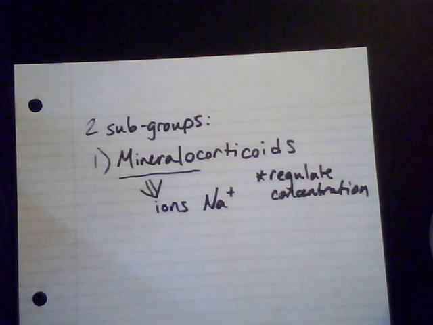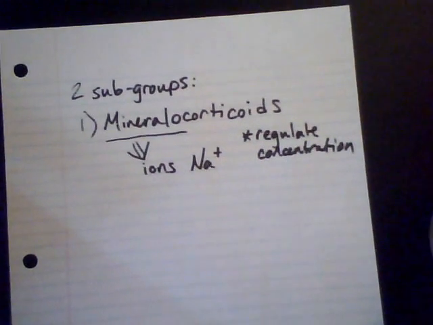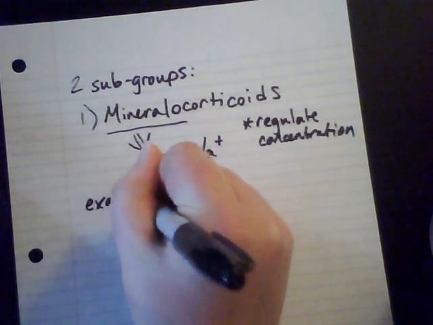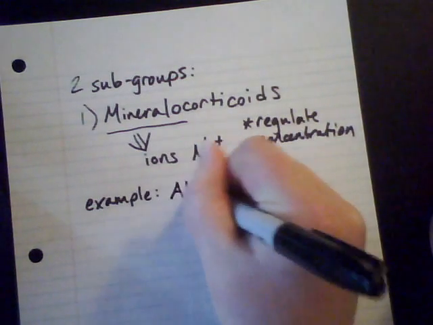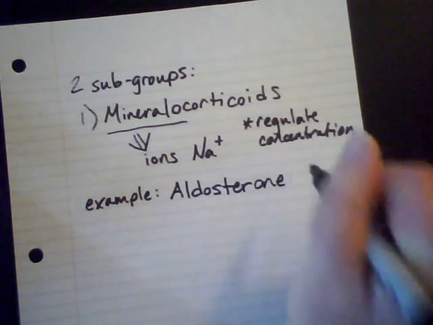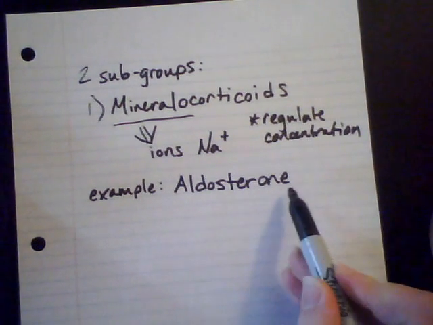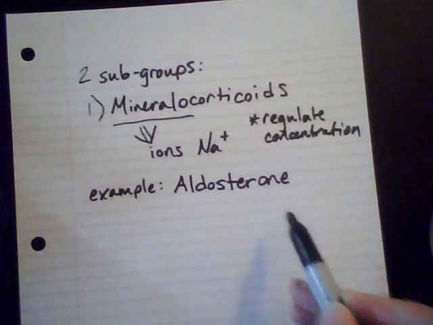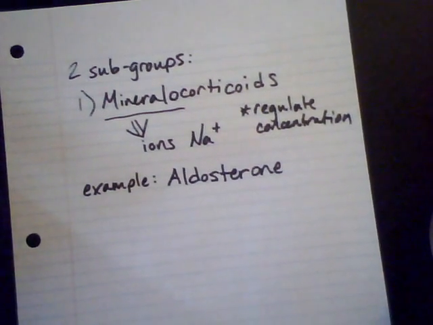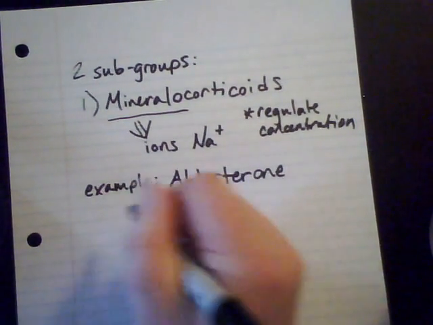So an example of one of our mineralocorticoids is called aldosterone. Just looking at the ending, ONE, then we would guess that it probably has a ketone functional group in it, right? And we would be correct. Aldosterone is used in the absorption of sodium and chloride in your kidneys.